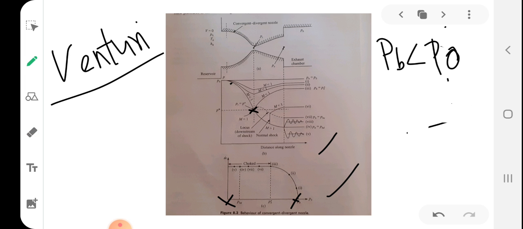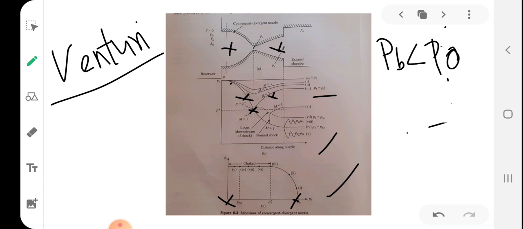So here only M equals 1 at the throat, but in both the converging and diverging sections, Mach number is still less than 1, meaning still subsonic.